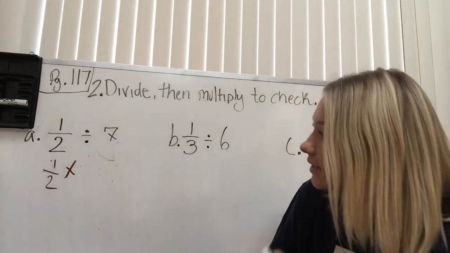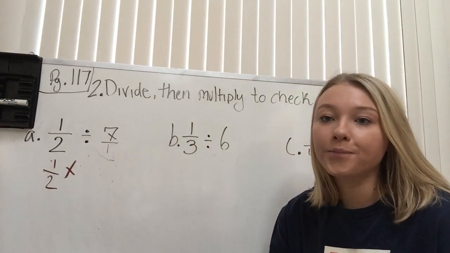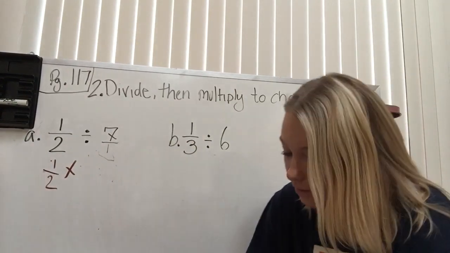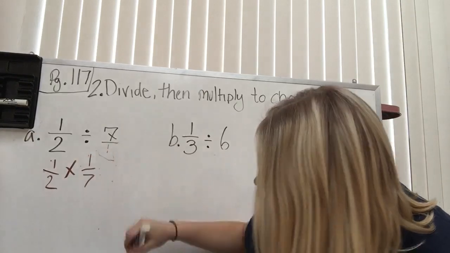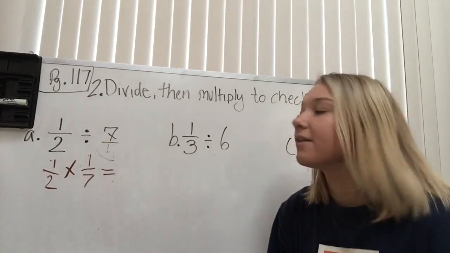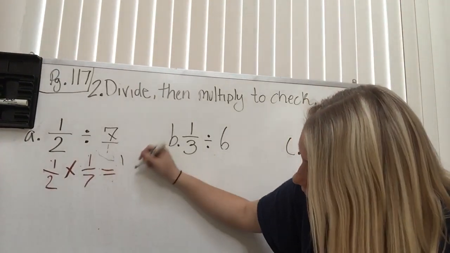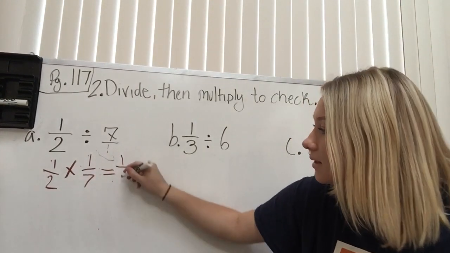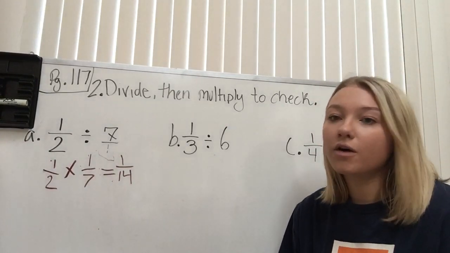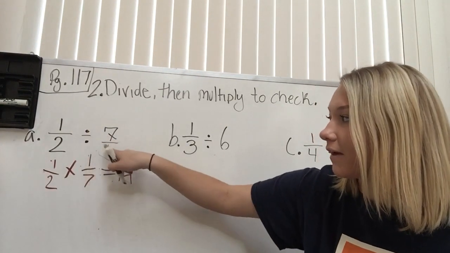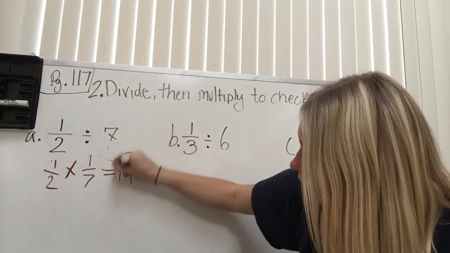Well, we know that a whole number 7 is really 7 over 1. So once I flip it, it's going to be 1/7. And then I just multiply across. 1 times 1 is 1, and 2 times 7 is 14. So 1/2 divided by 7 is 1/14.